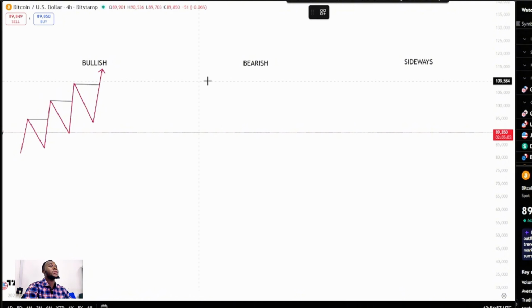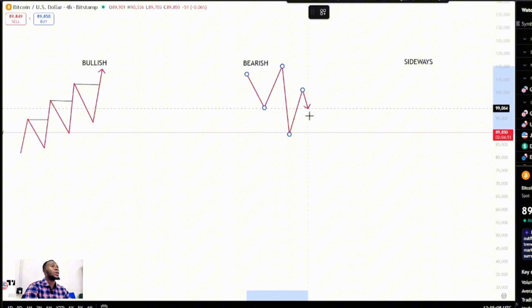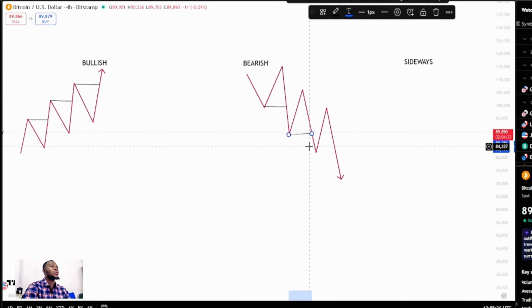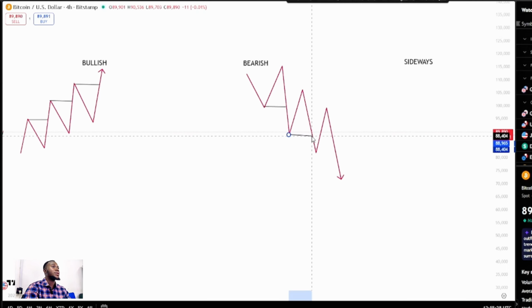Now, in a bearish trend, we want to be getting a movement like this, something like this: lower highs, lower lows, lower highs, lower lows, lower highs, and lower lows. Right? We want to be seeing breaks of structure to the downside. Now we have a break of structure at this point here. We have another break of structure at this point here.